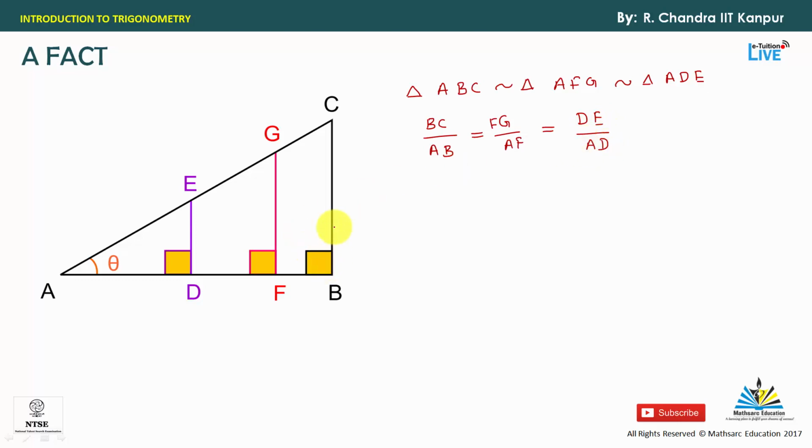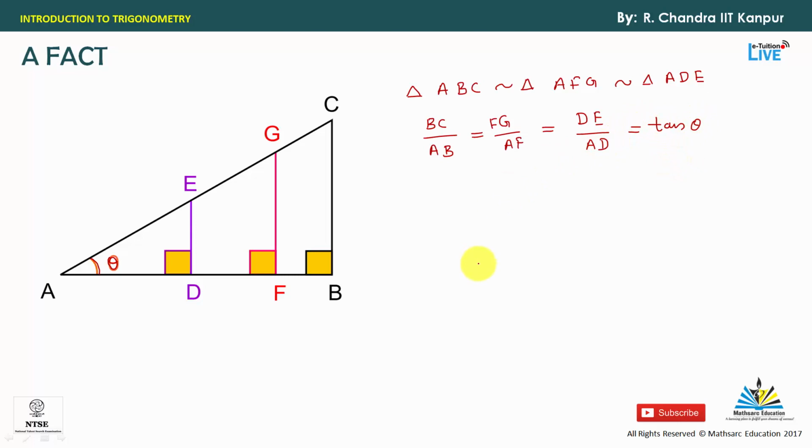As you can see, BC upon AB is equal to FG upon AF is equal to DE upon AD. So this is the rule of similarity. Now if we have this angle theta for these three similar triangles, we can say that this ratio is equal to tan theta.